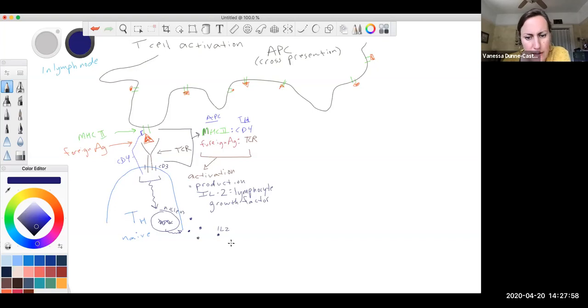And this is a cytokine that's important for essentially building up a lymphocyte response, both B and T cell response in the lymph node, but it's also important in self-activation. So interleukin 2 is produced, and also interleukin 2 receptor. So this interleukin 2 acts as a growth factor for any lymphocyte that's there, but also for itself.